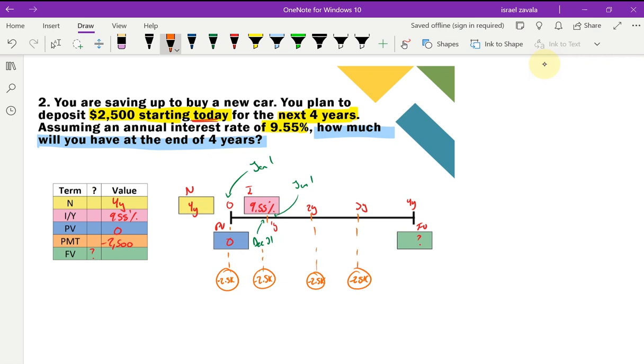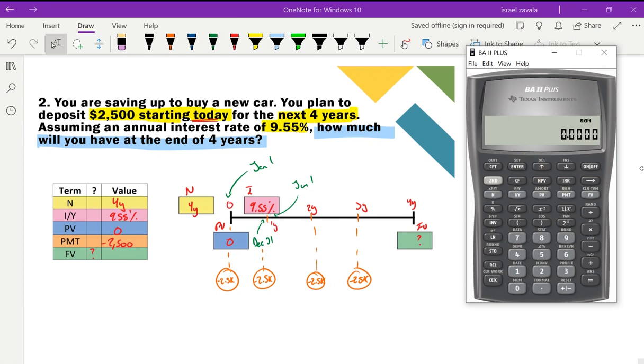Okay, so let's find what you would have saved. What your savings would have grown to, or your investment would have grown to after 4 years invested at 9.55%. Let's grab our financial calculator. Now, remember, we're already in begin mode, so we don't need to change it again. Notice it says BGN up here, okay? So I'm just going to clear my time value of money.